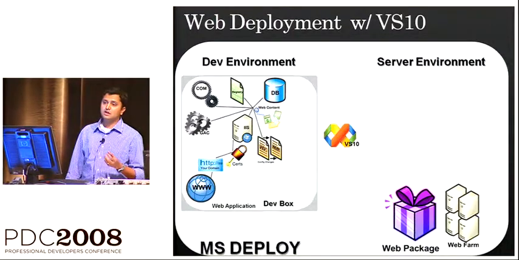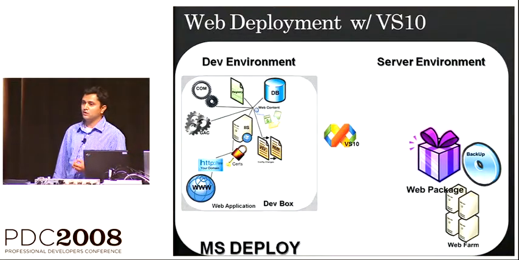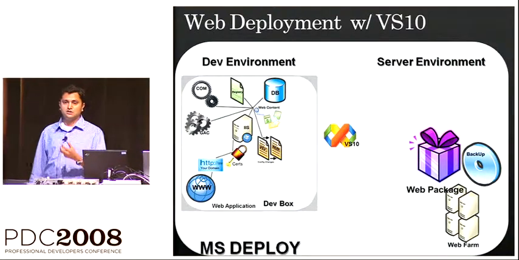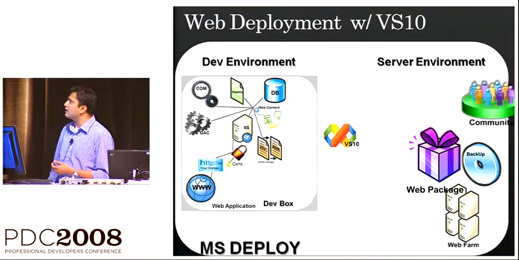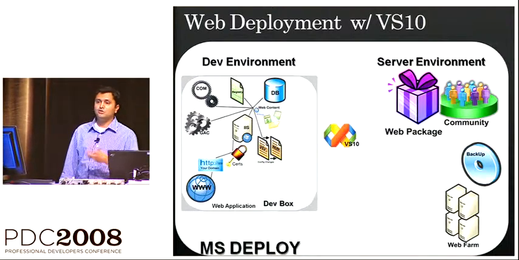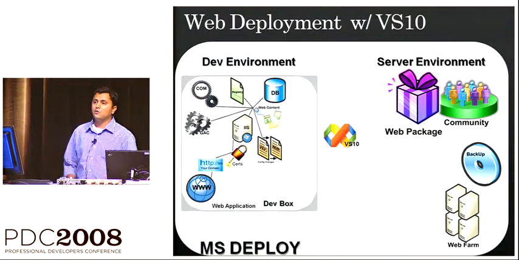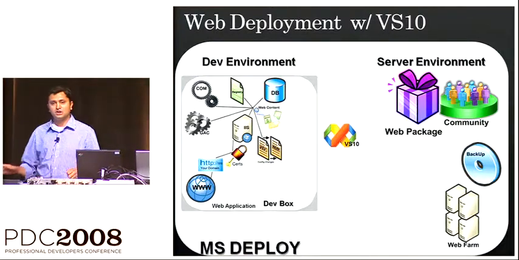You can potentially go ahead and take that web package and back it up if you want to. You can version it, you can name it. And then eventually you can also give that package out to the community and let the community use that web package. Now, when I keep saying this web package, it almost seems that this is in a hypothetical world, right?